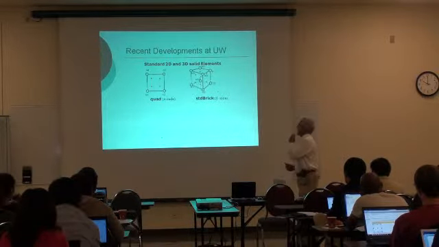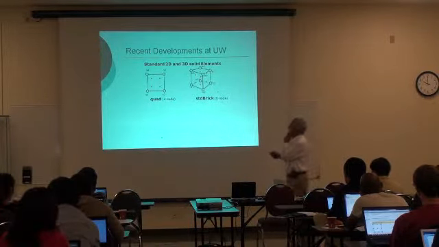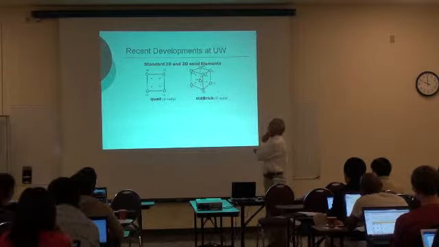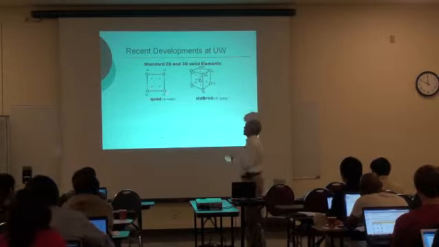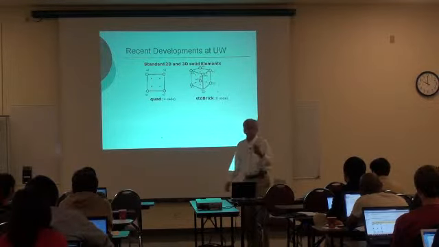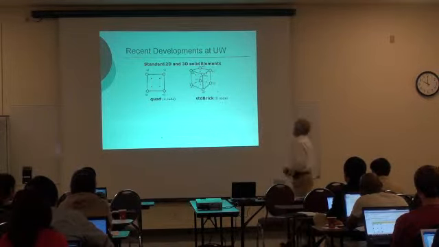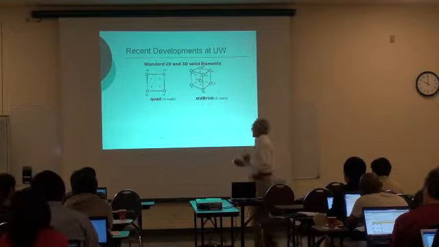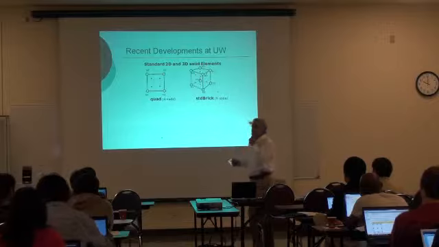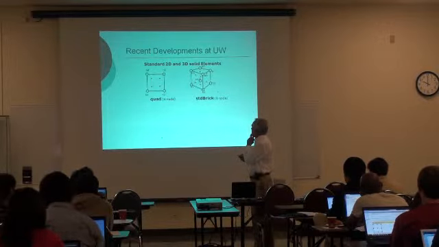Now, one thing that I want to mention is that the standard 2D and 3D solid elements use 4 integration points for the 2D case and 8 integration points for the standard brick element. And this has some problems.